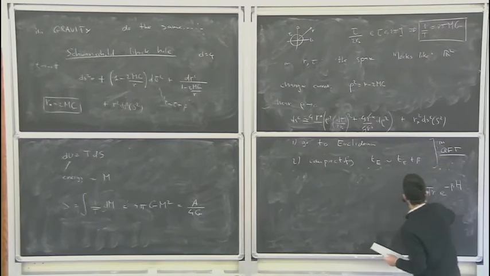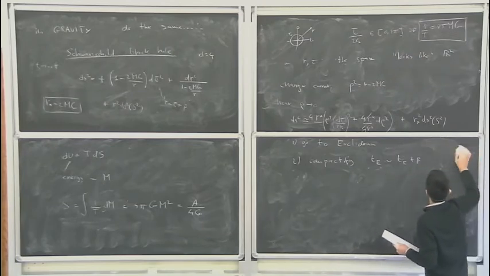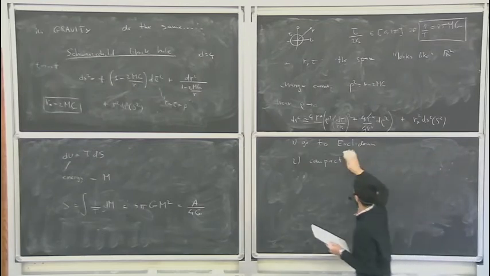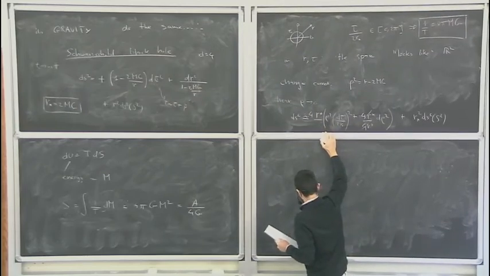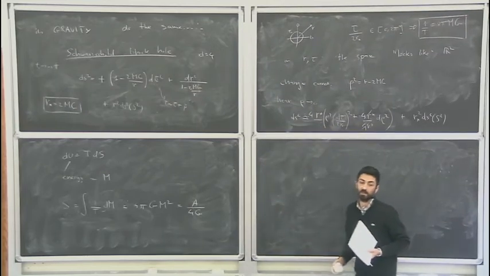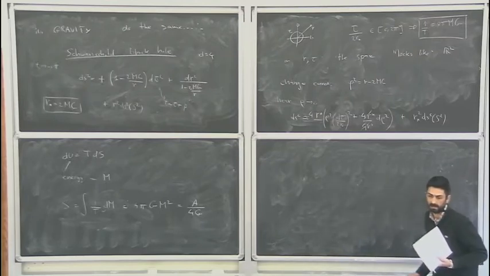So what I'm going to do now is to combine AdS with this knowledge of black holes. In other words, I'm going to consider a black hole in AdS, or said in another way, an asymptotically AdS black hole.